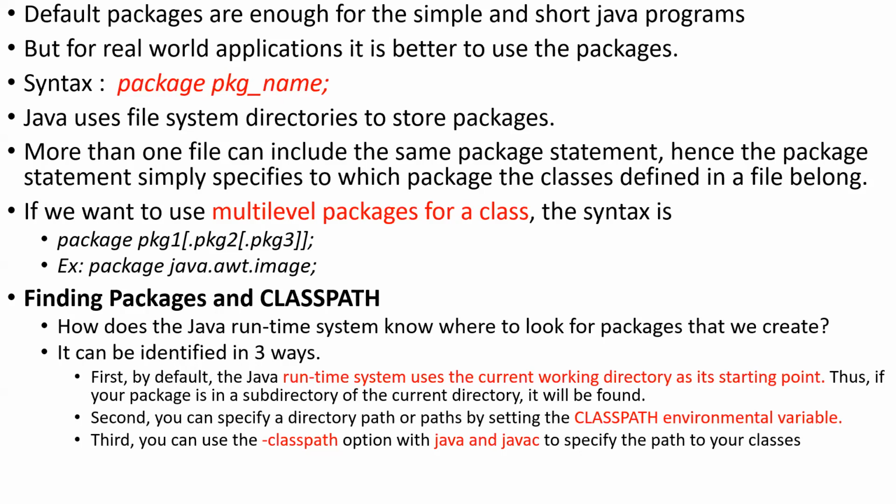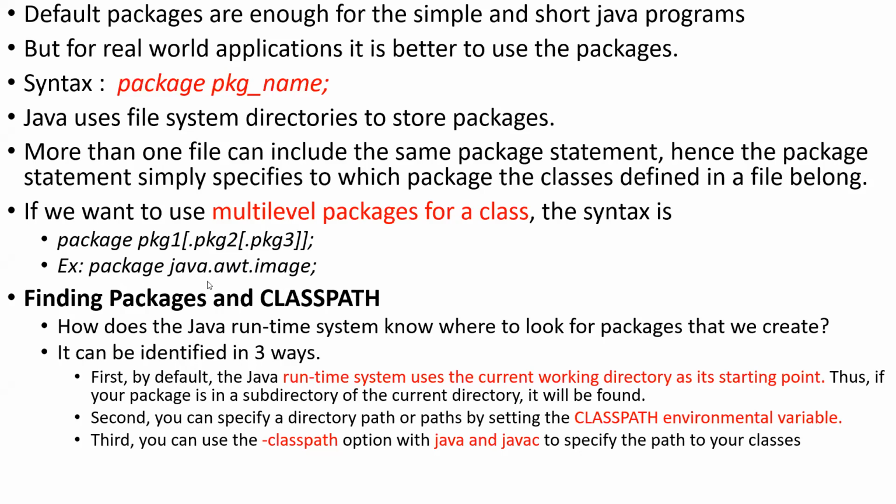If a package has a sub package, and that sub package has one more package, and so on, then if you are going to use a multi-level package in your program, you have to write it like this: package java.awt.image. So Java is the main package.